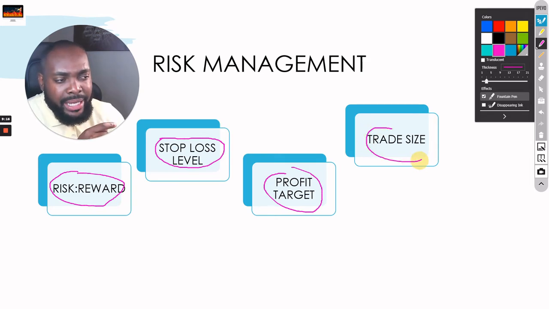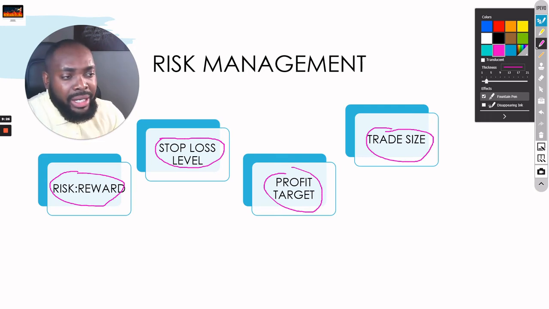The trade size. Trade size really depends on how much money you actually have in your account. So if you have a small account, let's say a $10,000 account, then going in on one trade should never cost you $10,000. It should never. Basically, you're going to set up your trade size.